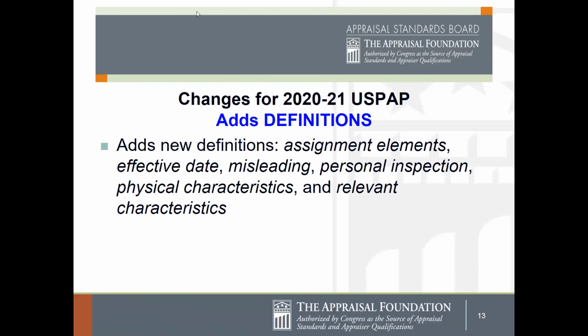Well, sure. A good example is the newly defined term personal inspection. So within an appraisal certification, the appraiser has long been required to certify whether they have or they have not made a personal inspection of the property that is the subject of the appraisal report.